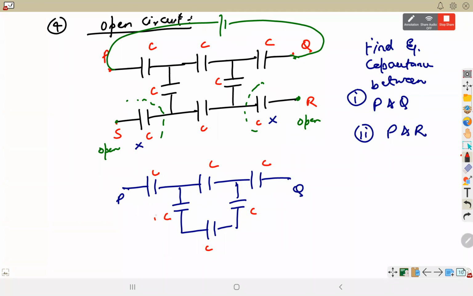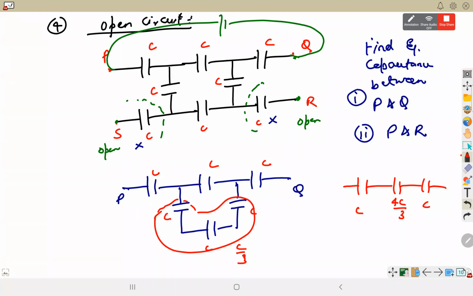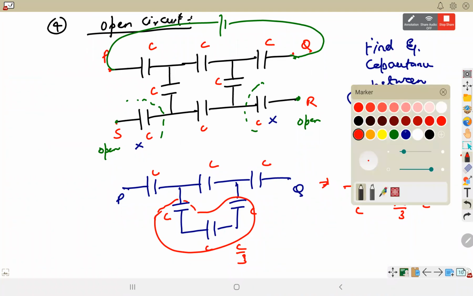Yes. This will be C in series, C by 3. C by 3 and C in parallel become 4C by 3. Now we'll find these three in series.